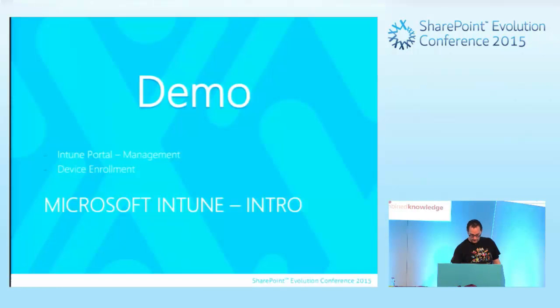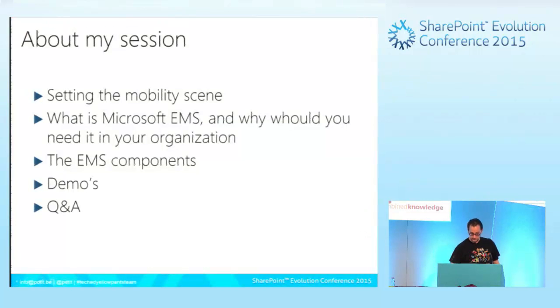So with that, I think we're almost there, about 10 minutes behind schedule. We started with the mobility scene. Think about the 4 key phrases I recognize at my customers. Mobility is the normal. No compromise on data security. Then we talked about the Microsoft EMS, Enterprise Mobility Suite, and the 3 different components.